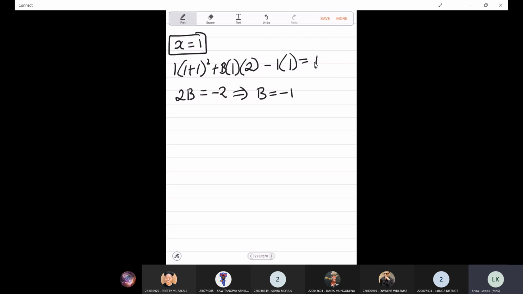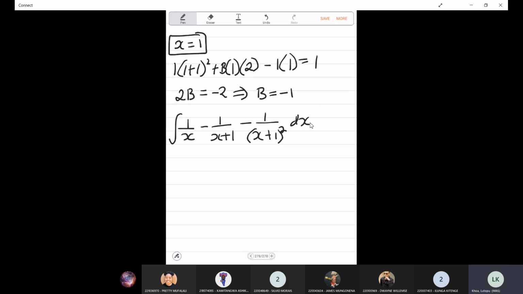So now that I have my a, b, and c, I can rewrite my integral. So I have a over x, a is 1, so I have 1 over x, and then b over x plus 1, so that's minus 1 over x plus 1, and then c, which is minus 1 over x plus 1 squared dx.